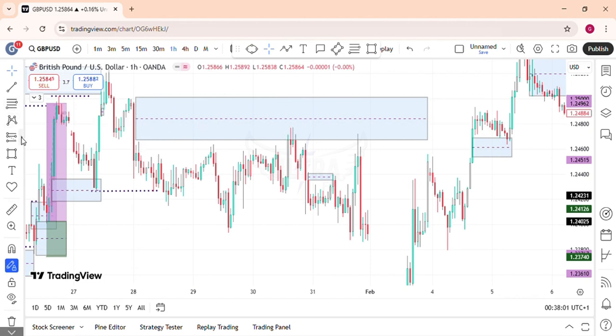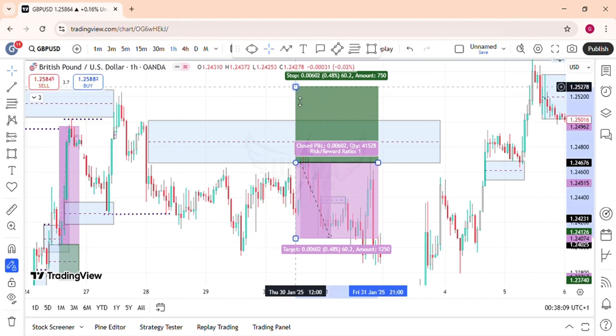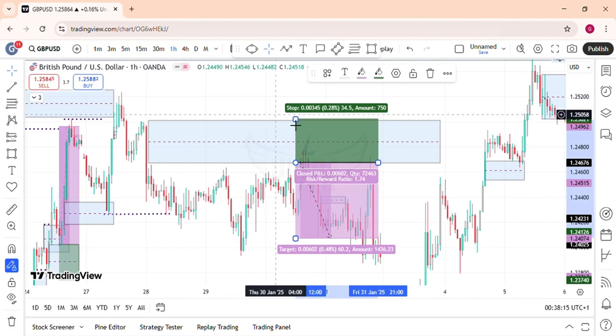So this is it, a short position right below the fair value gap, and put your stop loss right above this high that created that fair value gap.